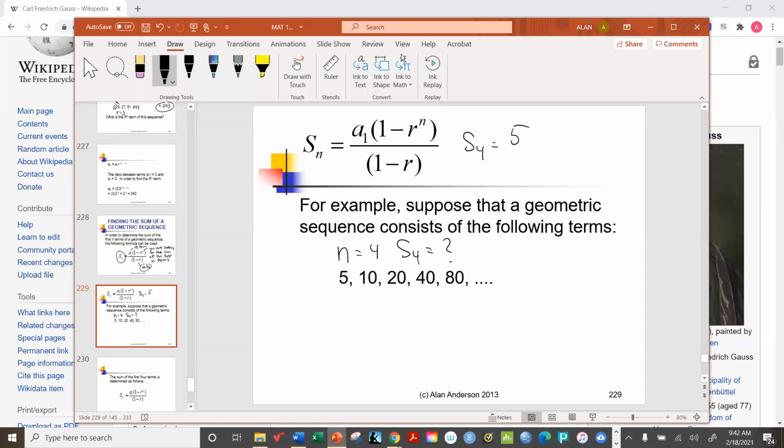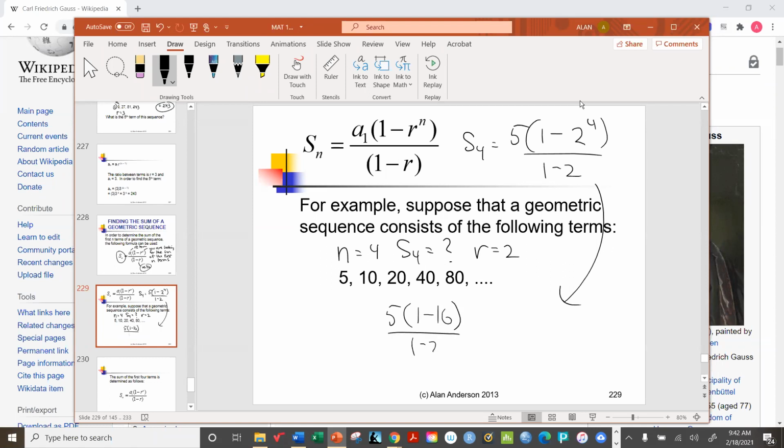So A1 is 5. The common ratio, I'm sure you noticed, is 2. N is 4. So yeah, it's a bit messy, but you've got 5 times, now 2 to the 4th is 16, so you've got 5 times negative 15 over negative 1.